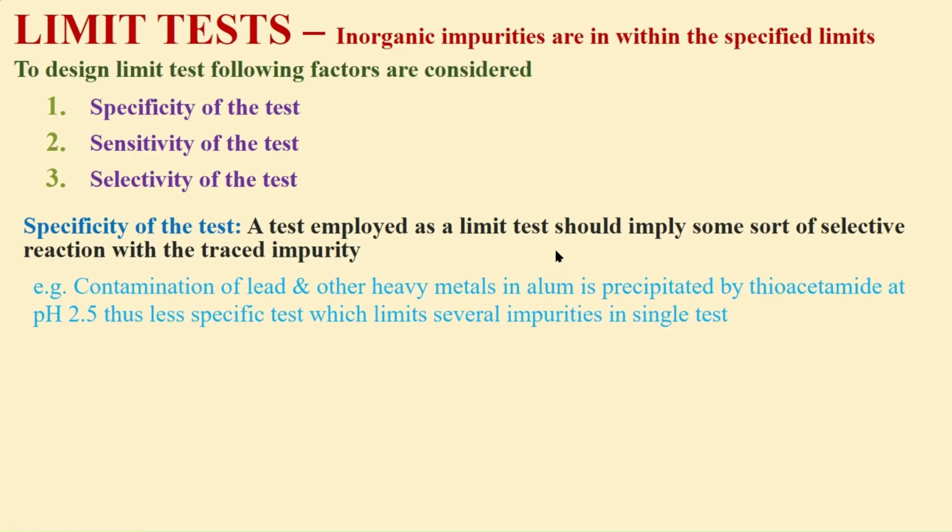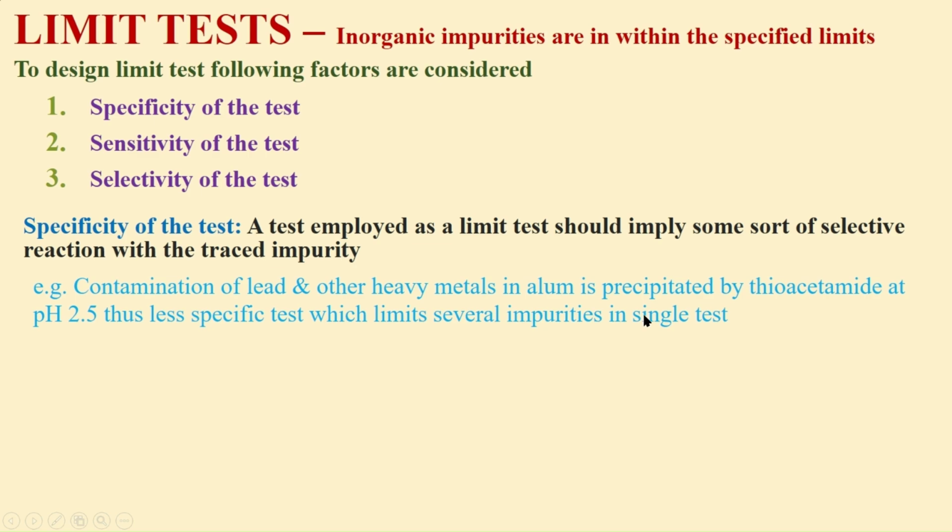For example, if the product we have prepared has been contaminated with heavy metals like lead, we use thioacetamide as a reagent. Alum is the raw material which we use. Thioacetamide reacts with the heavy metals present in the alum to give a precipitate at pH 2.5.